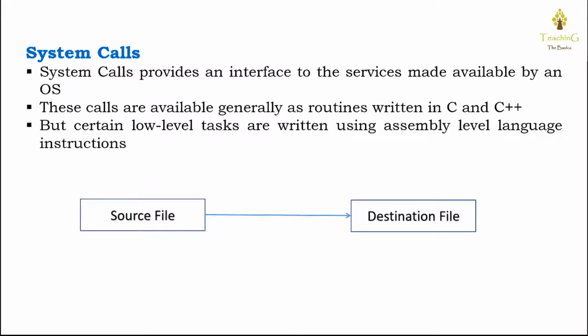So let's move on with the next slide. There are basically 6 kinds of system calls. The first one is process control.